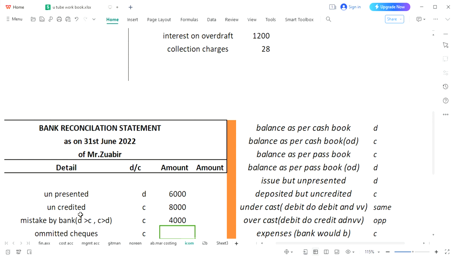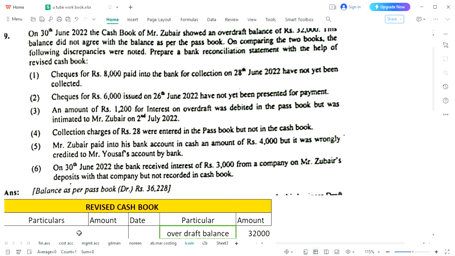As you know, these are 4 fixed entries: unpresented, uncredited, mistake by bank and omitted check. And this received interest is not among those 4, so it would be part of the cash book. Received interest should be debited, so we will write it on the debit side. The amount is 3,000 and we will put it as bank interest.